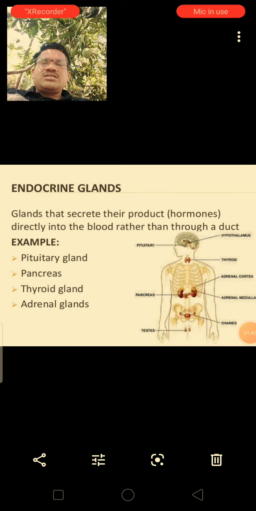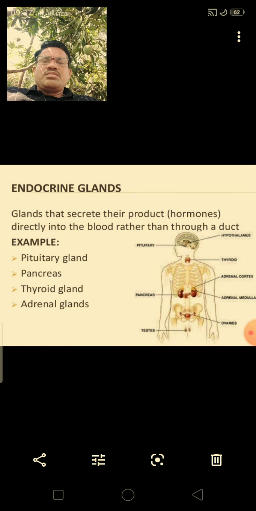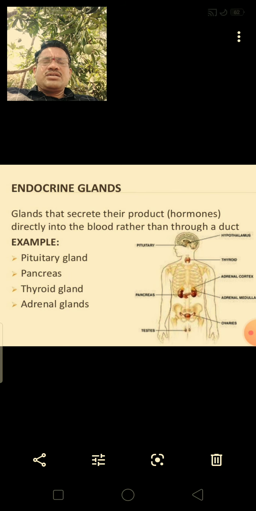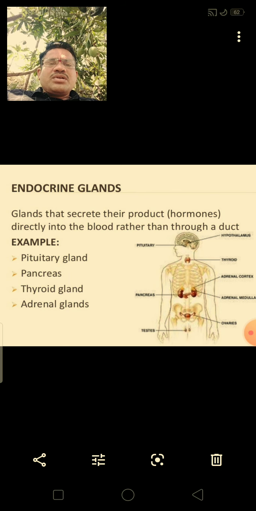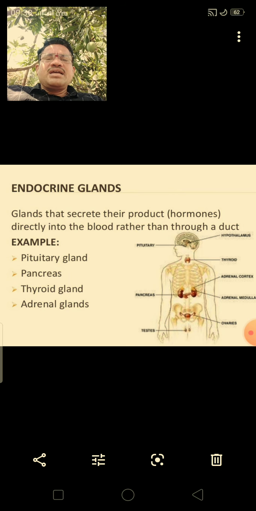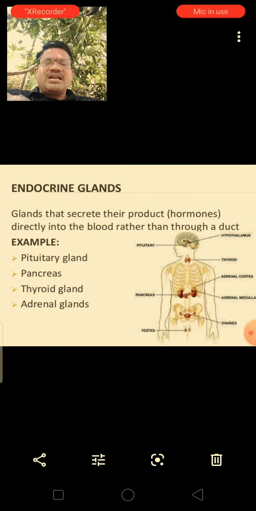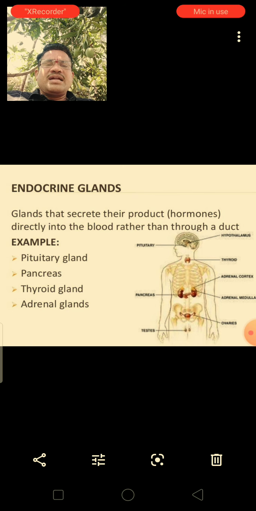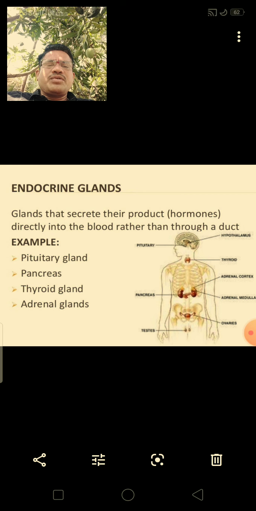These glands are the pituitary gland, pancreas, thyroid gland, and adrenal glands. So on the right side of the diagram, on the ventral side of the hypothalamus there is a pituitary gland, and in the neck region there is a thyroid gland, and below the thoracic region there are adrenal glands, pancreas, and then at the abdominal region one pair of ovaries in females and one pair of testes in males.